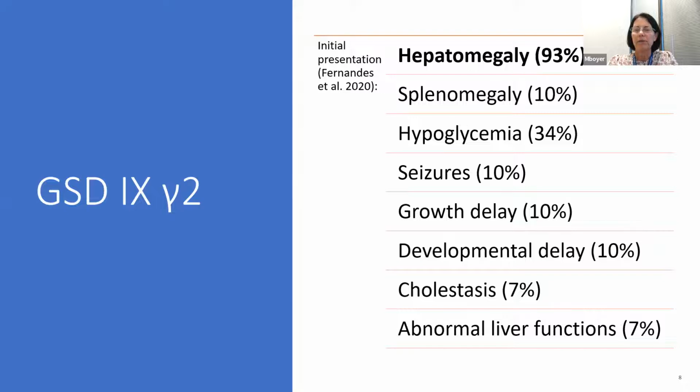Other symptoms that were noted at the time of the initial presentation included hypoglycemia, splenomegaly, seizures, delayed growth, delayed development, cholestasis, and abnormal liver functions.